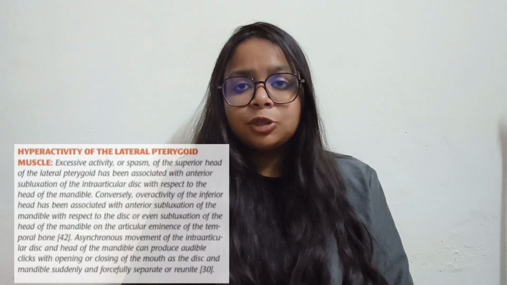But you know what? In most of us, the lateral pterygoid muscle is usually stiff due to overwork. Why overwork? Because people with TMJ dysfunction tend to have problems with the articular disc, and it is very commonly involved in TMJ dysfunction.